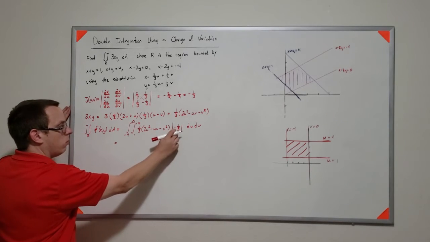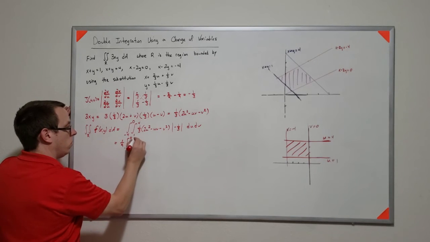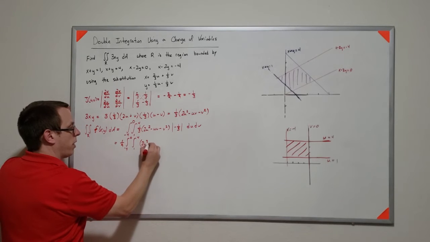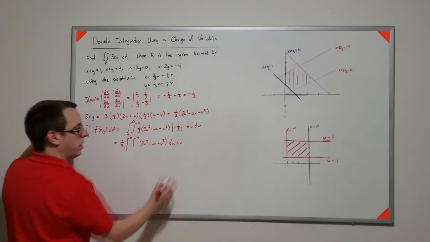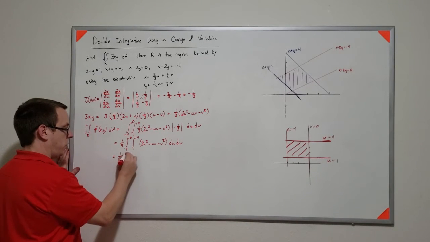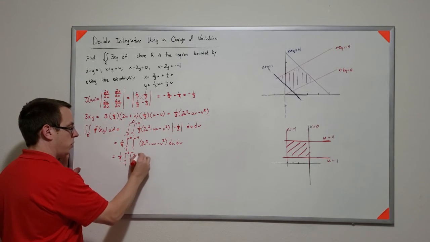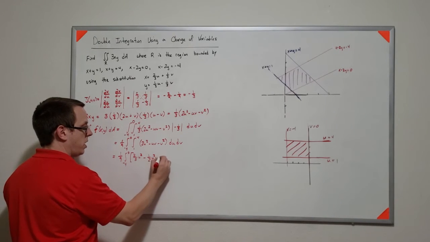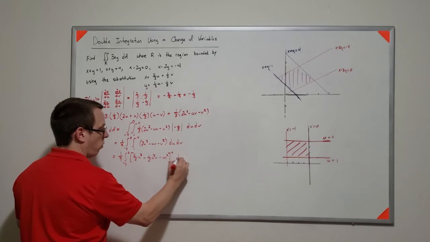So to multiply that out, we have a 1/9 integral from -4 to 0, and 1 to 4 of 2u squared minus uv minus v squared du dv. Now when we take the antiderivative there, we're going to get 2/3 u cubed minus 1/2 u squared v minus uv squared from 1 to 4.